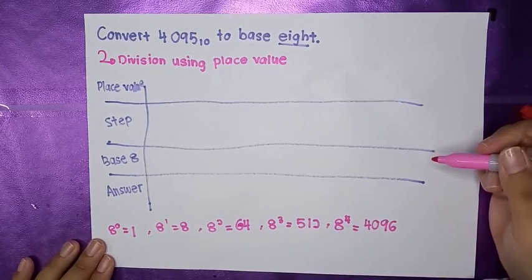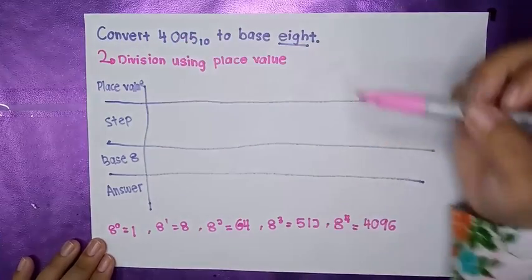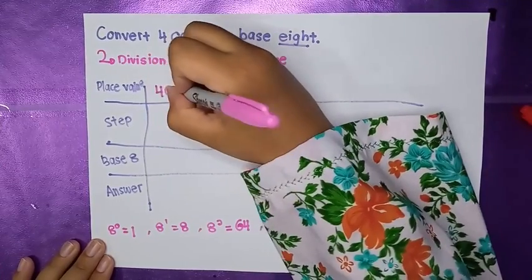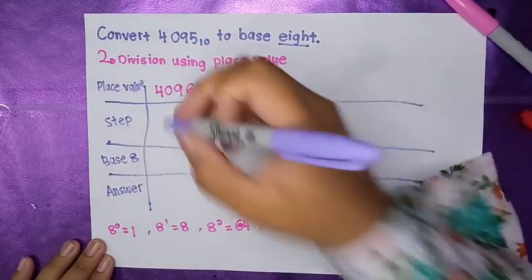Okay, we already found the place value that is higher than this number: 4096. We write down here 4096 and then close the table.